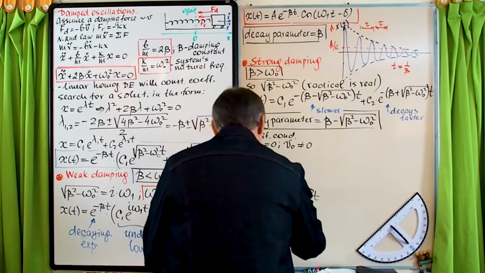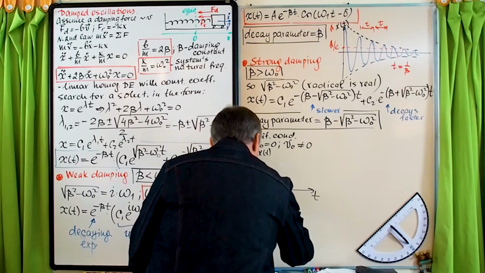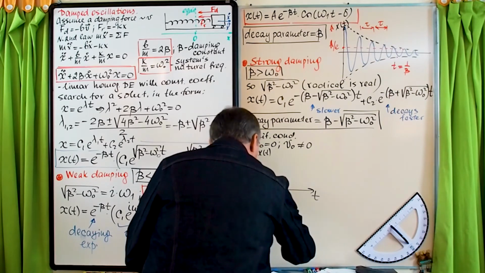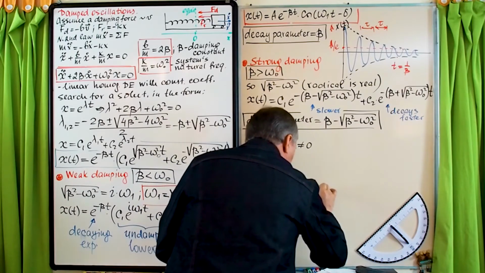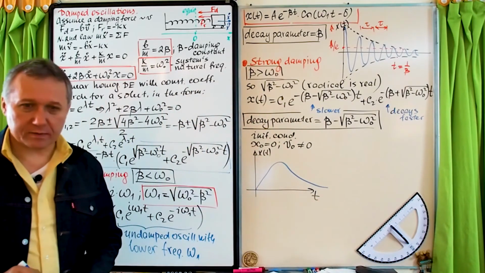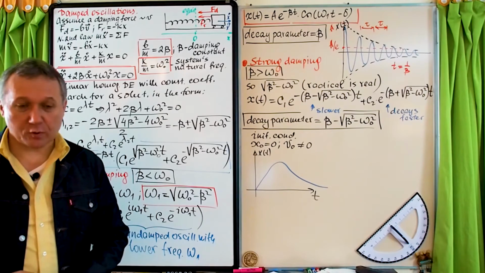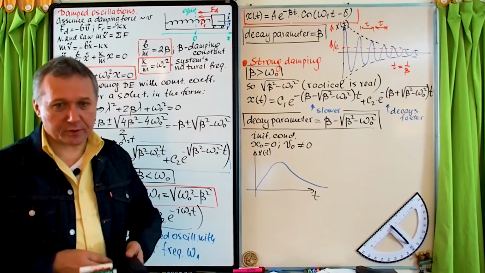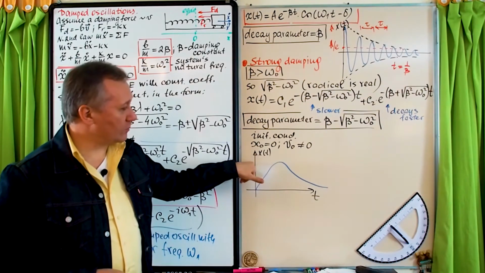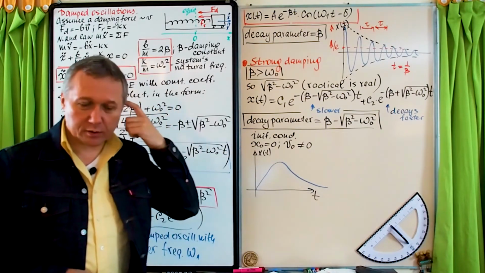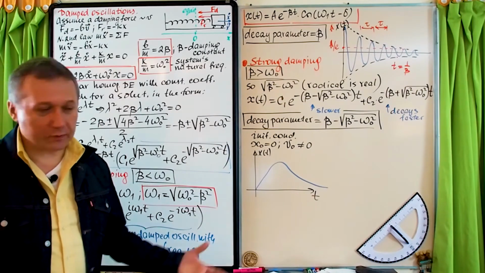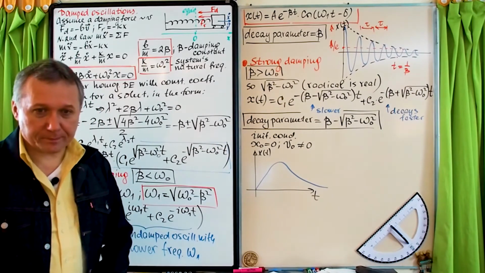So it will behave something like this. If you push the system from the equilibrium, it will first reach the maximum displacement from the equilibrium, and then it will slowly go down to 0. It will go back to the equilibrium.